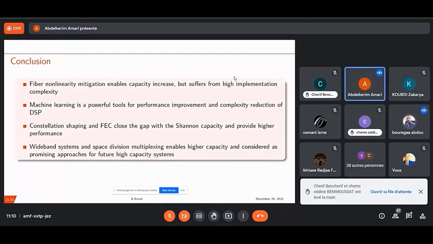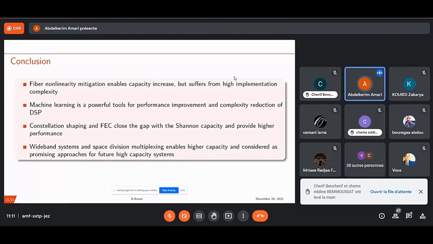Okay, for QAM modulation, there's two things here. First, QAM modulation is used with coherent detection. So when we talk about long haul systems, high reach, high transmission distance, it's always now using coherent detection because we have more degrees of freedom.